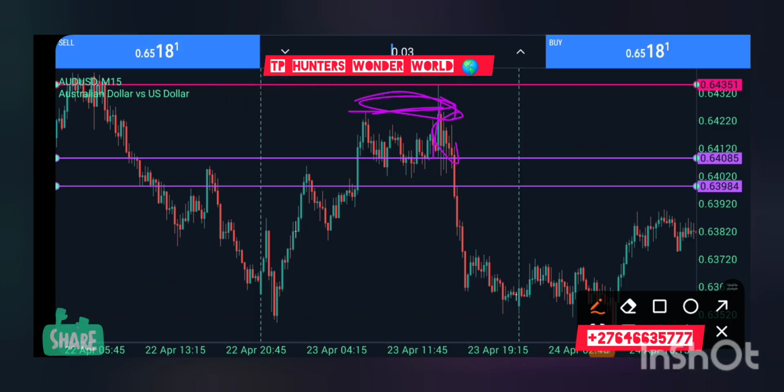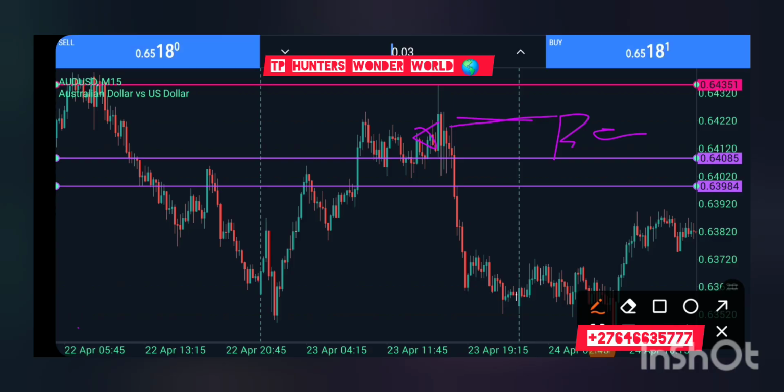Bearish engulfing. Yes, the bearish engulfing. We have it here. This one, this candle. You see this candle? It's a bearish engulfing. You wait for rejections and bearish engulfing. That's where you can enter your position and put your stop loss somewhere here.